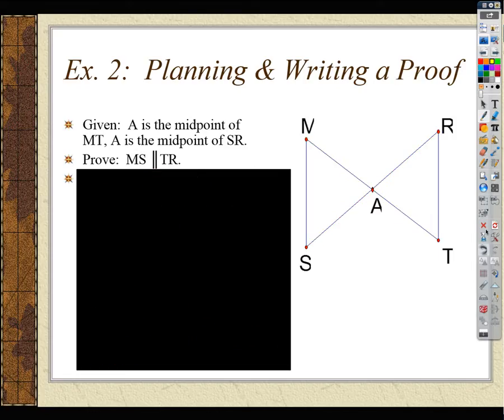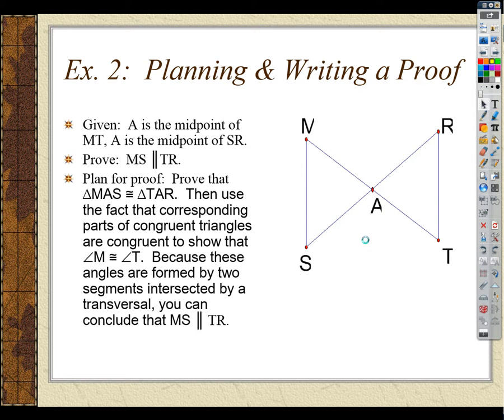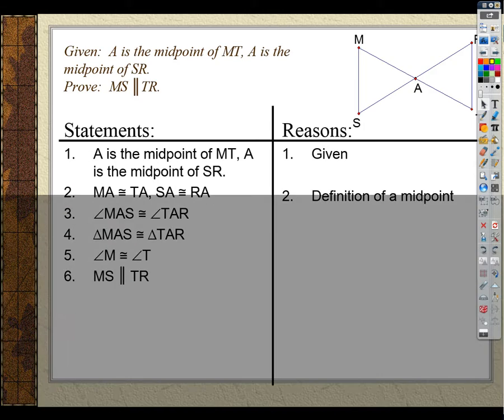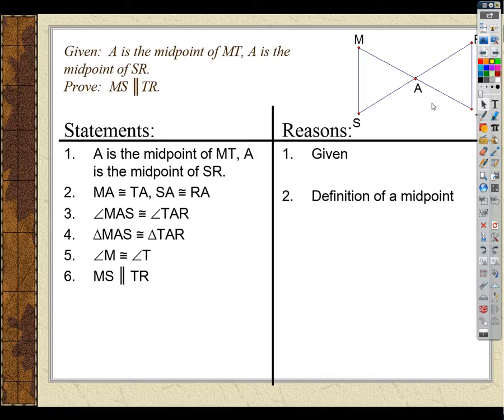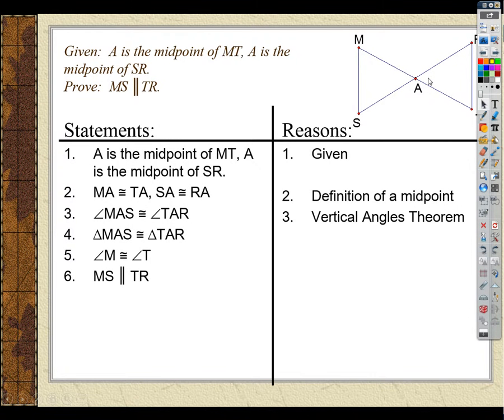here's what it would look like. This PowerPoint's already up on the site, so if you want to just go back and look at this. So that's what was given, right? The midpoint stuff was given. We said then that these segments have to be congruent by definition of a midpoint, right? Then we said that these angles were congruent by vertical angles theorem.